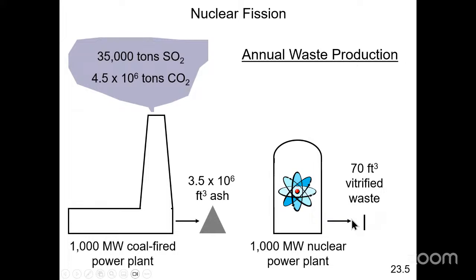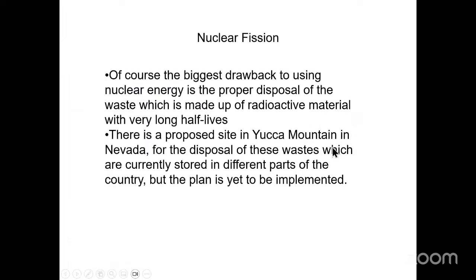So here you can see that one definite advantage of using nuclear power as opposed to coal-fired power is the relatively small amount of waste, all right? So that's one advantage, but of course there are some drawbacks, right? And the biggest drawback when it comes to using nuclear power plants is that the wastes are radioactive.